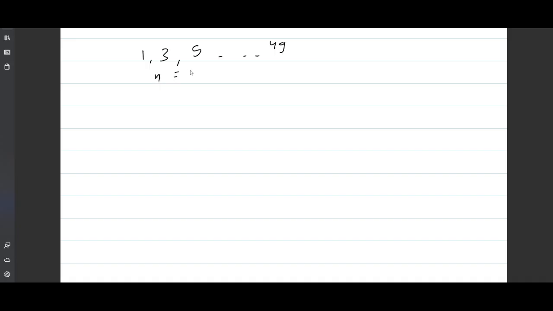How many odd numbers are there in this? 25, and a is equal to 1, d is equal to 2.